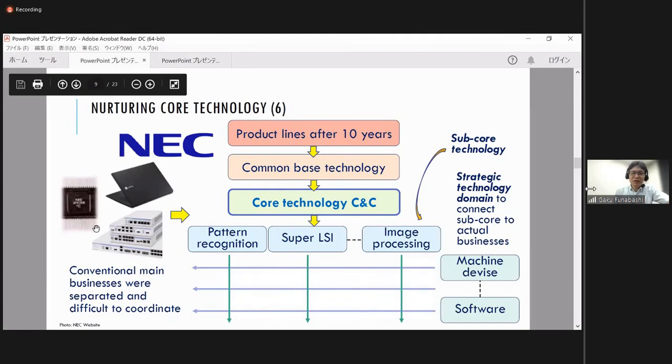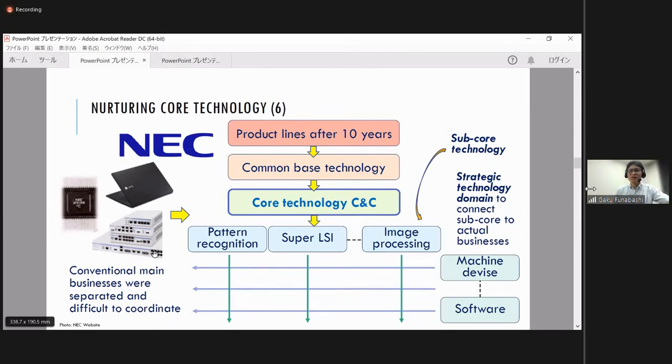Before, they had a division for each of IC chips, computers, and other devices, but the divisions did not have a close relationship with each other when they developed products. So one day, when the CEO of NEC made the strategy, they restructured the way of thinking about their technologies.